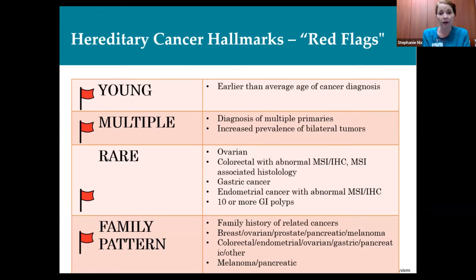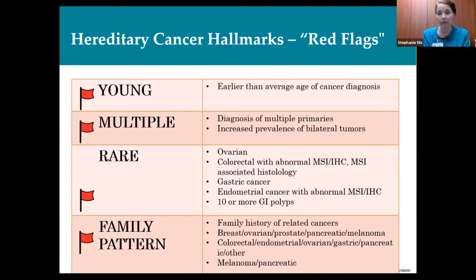We could also look at the rareness of a particular type of tumor as a red flag. So you all have probably heard about ovarian cancer, and we know that that is more likely to be associated with some type of a genetic variation. Colon cancer, stomach cancer, uterine cancer, having lots of polyps. And there are two things that should be on this list that are not necessarily obvious: having a close relative with pancreatic cancer or metastatic prostate cancer.